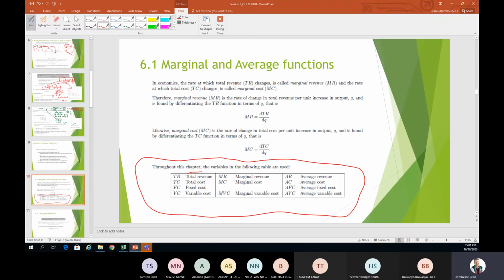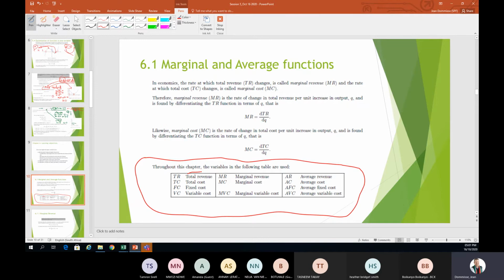I think that's why we started with differentiation. In your assignments, it was also the third assignment that made it a bit difficult, is that there are questions that are purely differentiation and purely integration, but then there's questions about marginal revenue, marginal cost, marginal variable cost that you need to calculate.